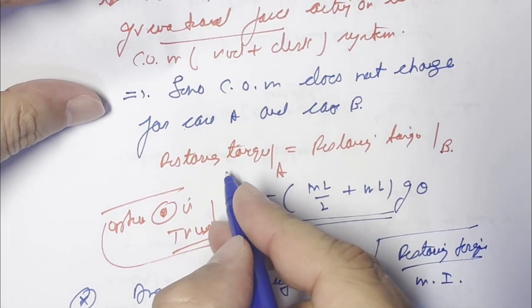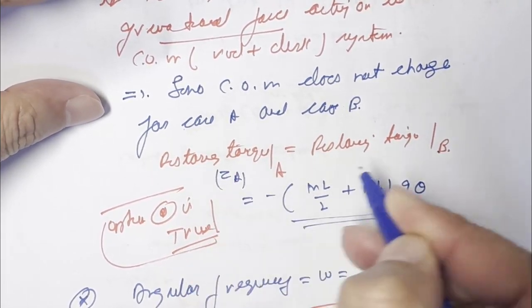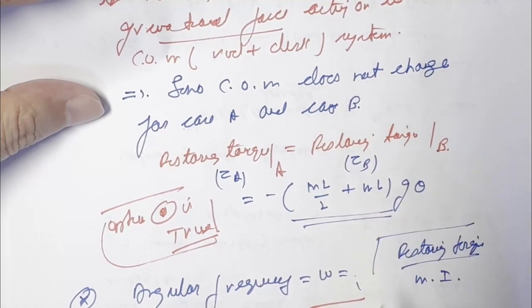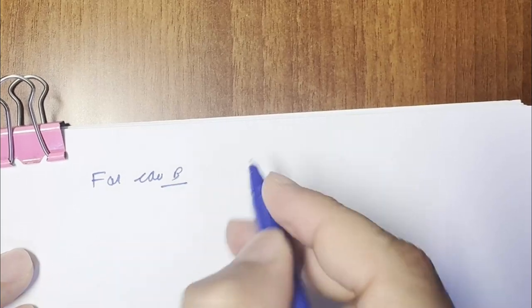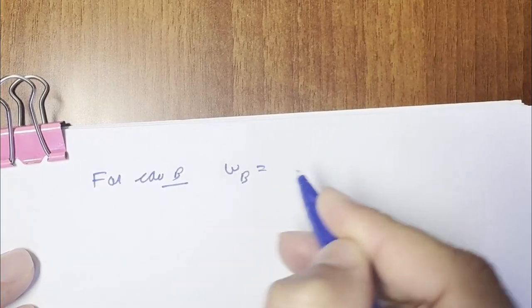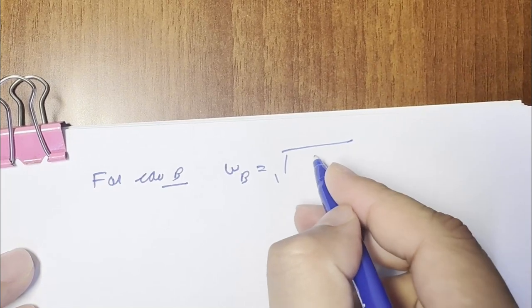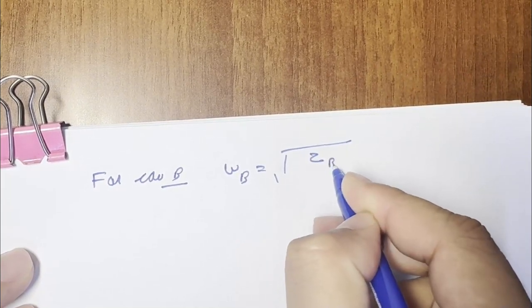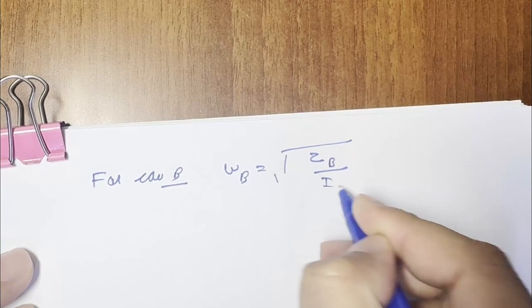This is our tau A and this is our tau B. And for case B, omega B will be equal to square root of tau B, and we have IB.